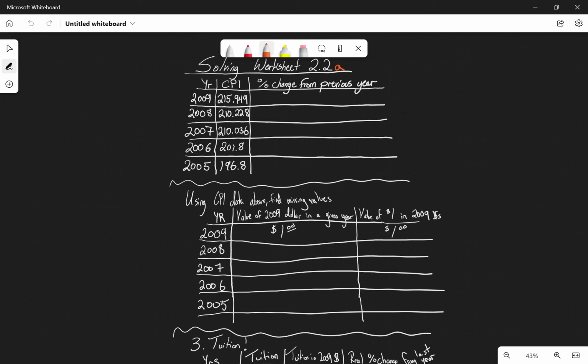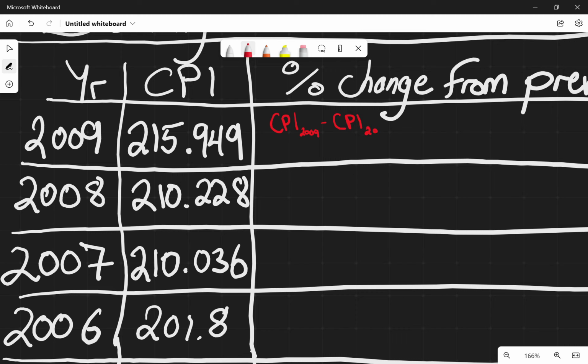What we're going to do is take the CPI from the new year, so this is 2009, and subtract from that the CPI from the old year. This is just a standard new minus old over old percentage change. We're going to divide the whole thing by the CPI of the old year, and multiply this by 100 to get a percent.